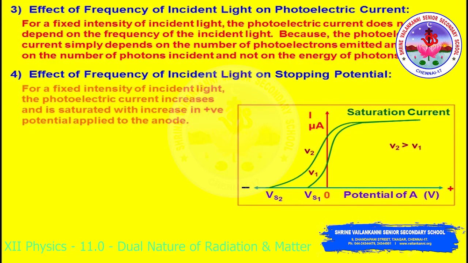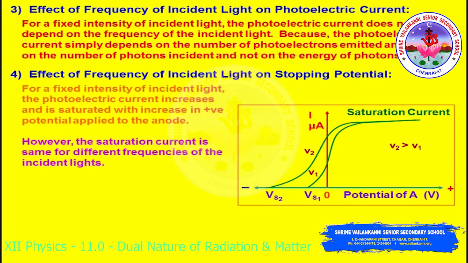So the two graphs they have given are for V2, which is greater than V1, and the corresponding stopping potential varies in the order of V2 greater than V1, as given. This shows the effect of the frequency of incident light on stopping potential.